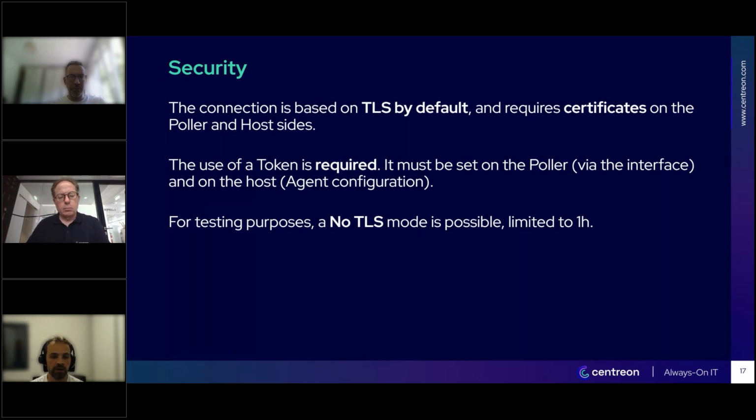But we had a lot of feedback on that, so I think it will be a priority in the next months to help users onboard when you don't want to create dedicated certificates. We're still brainstorming, but the option will be to generate an auto-signed certificate when you create a poller, so you will not have to generate a certificate manually. That's still an idea. We are still thinking about that.